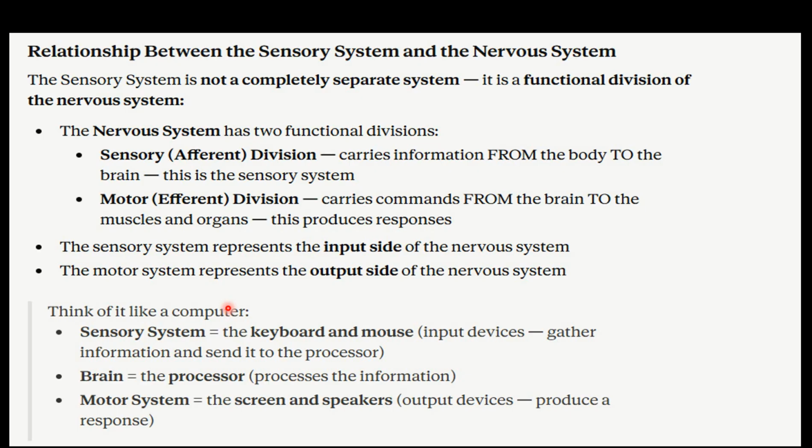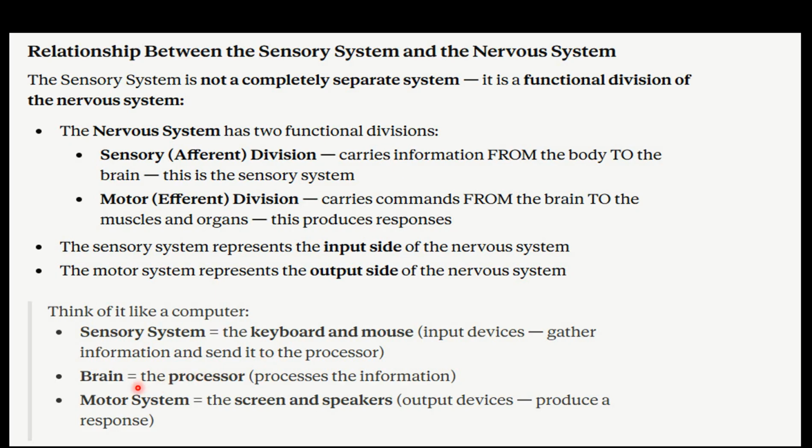Now, to make it easy for you, you can simply relate it to a computer system. In computer systems, we have a keyboard and mouse. These are all input devices, right, which gather the information and send it to the processor. So here the computer input devices like mouse and keyboard are the sensory system, and the information is sent to the processor.